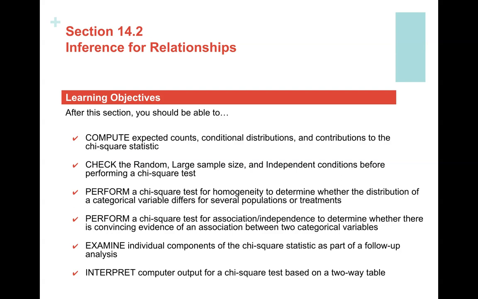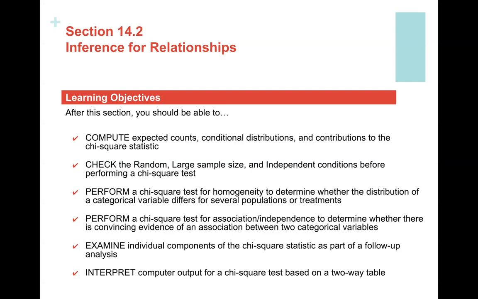Later we're also going to learn the chi-square test of association. It's called association slash independence because independence is the opposite of association. I'm just going to stick with association, not to confuse you. We want to look at whether there is an association within one population.